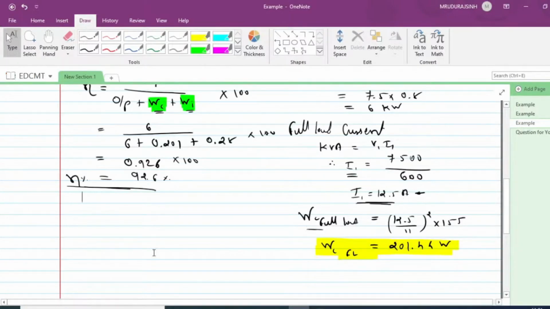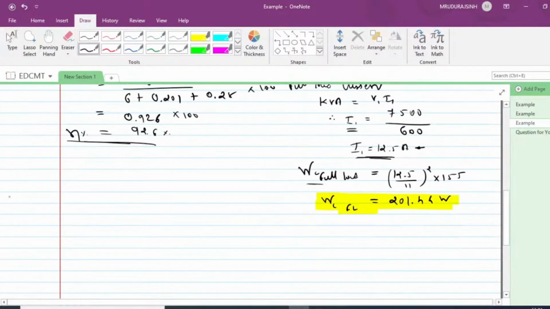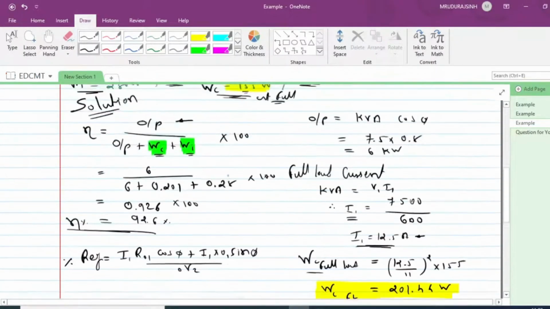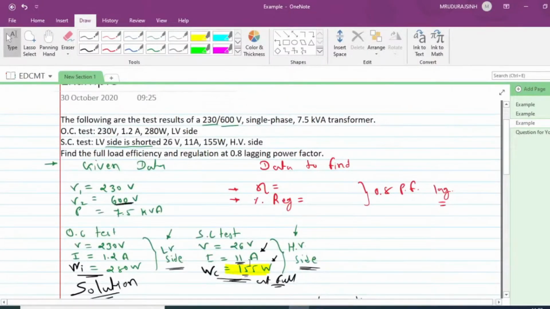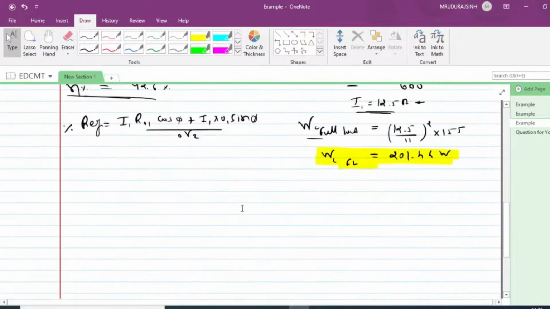So now we know the efficiency, we want to know the percentage regulation. The equation for percentage regulation is I1 R01 cos phi plus I1 X01 sin phi, divided by V02. Why V02? Because the copper loss corresponds to the secondary side, that is why we are going to take the voltage on the secondary side.